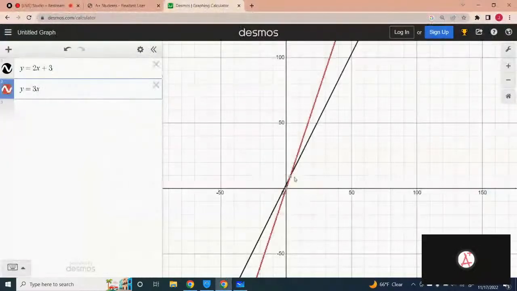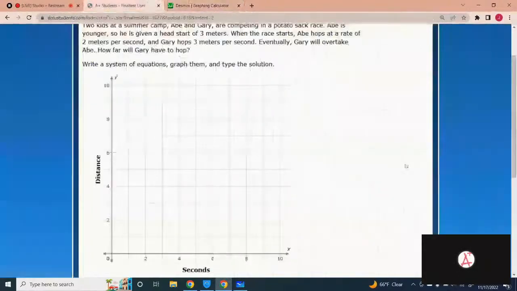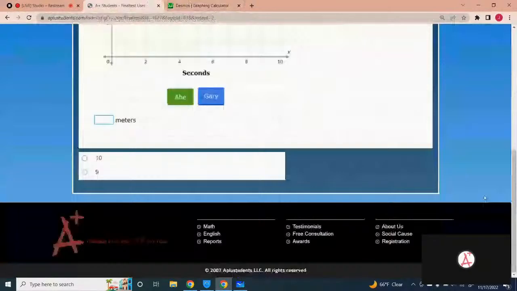Okay, so you have to find the point of intersection. The point of intersection is (3, 9). That means 9 is the value at which they have the same distance. Got it? Just select the exact value, it would be 9 here. Got it?